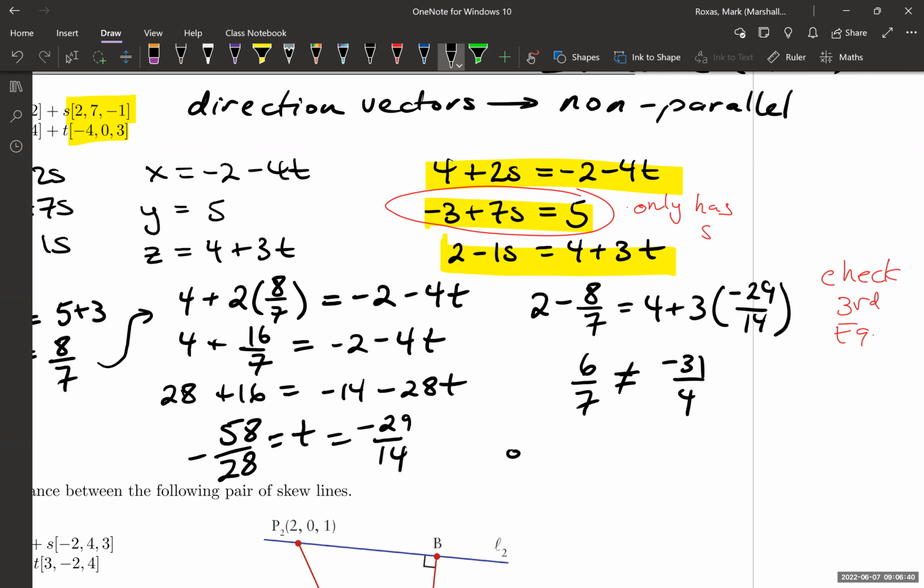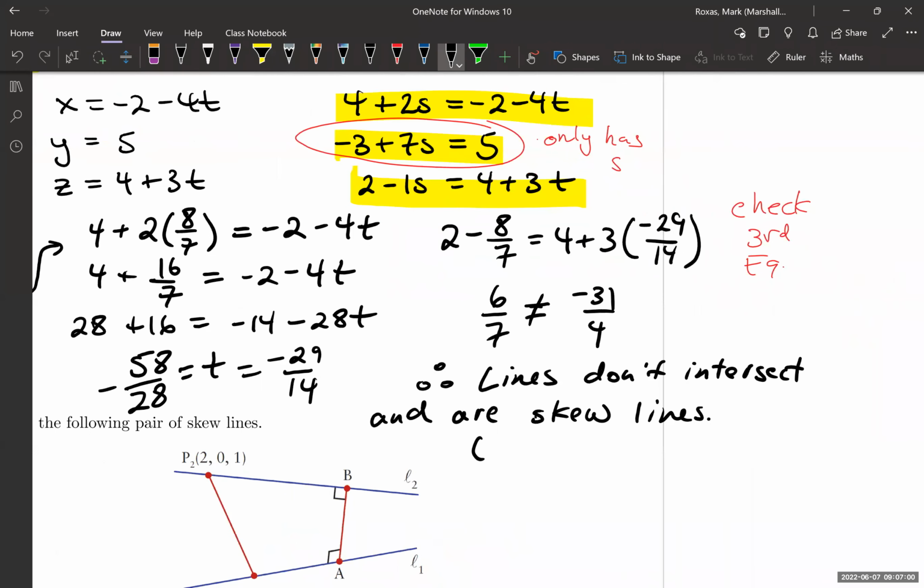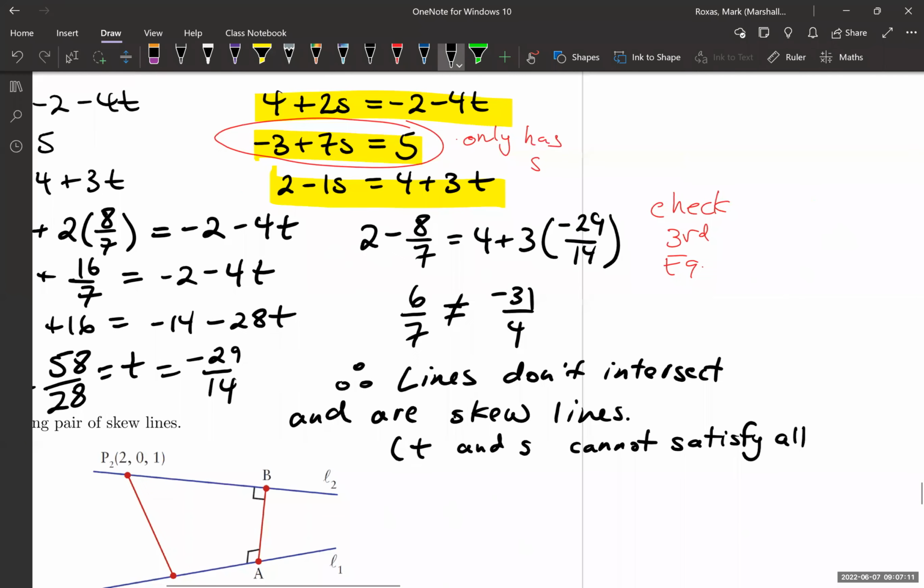Okay, the lines don't intersect. So therefore, the lines don't intersect. And we call it skew. And our skew lines. Okay. So again, this occurs when t and s cannot satisfy all three equations.